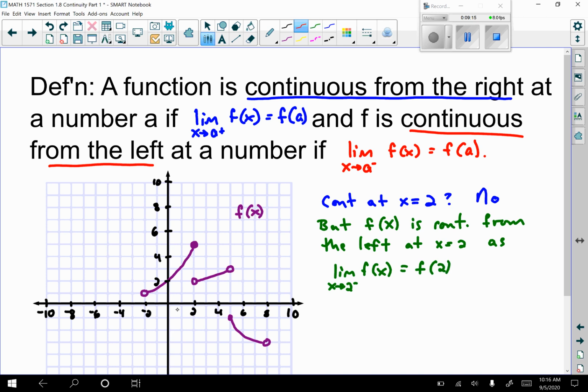So as I'm approaching 2 from the left, I'm going right up here, and I'm approaching f of 2, because this would actually give me a 5, and f of 2 is equal to 5. So it is continuous from the left only, not continuous from the right, because if I were to approach 2 from the right, I'm headed down towards here, which is not equal to f of 2.